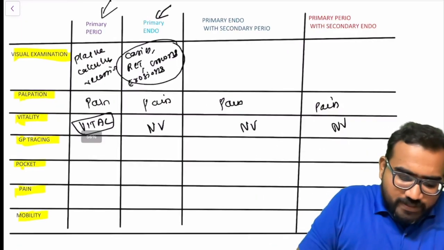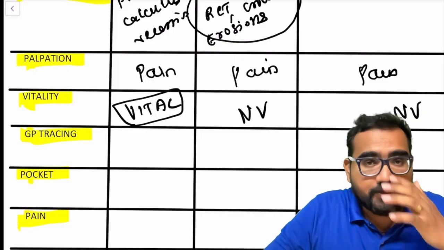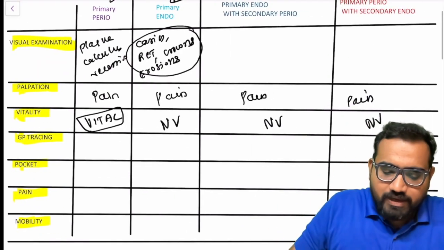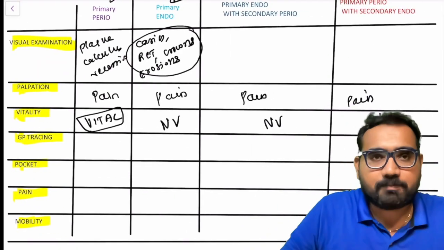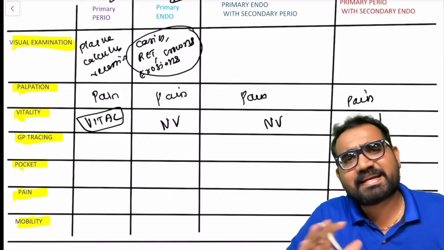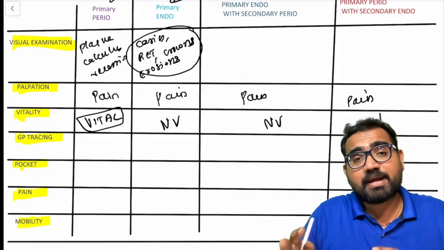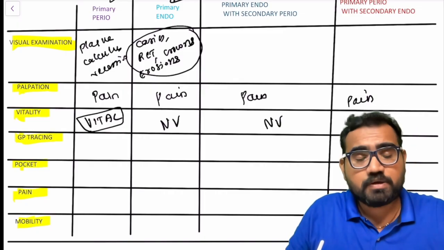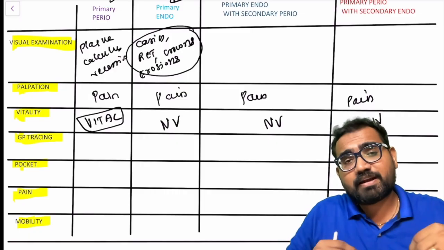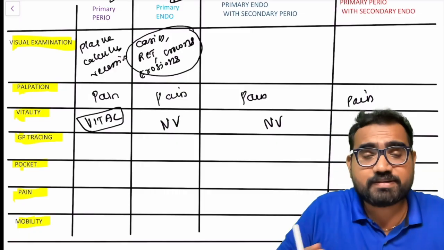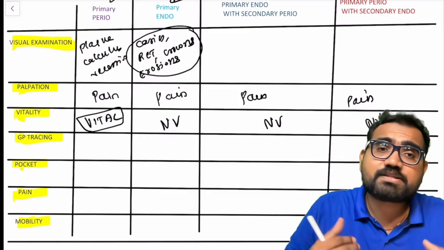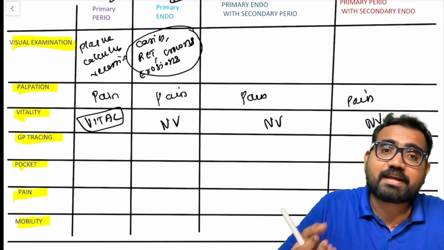The next very important parameter is GP tracing. If I insert a gutta-percha into the gingival sulcus or a sinus tract, and see, a sinus tract is different from a periodontal abscess. A sinus tract is where the abscess has started opening; it's a chronic infection, whereas a periodontal abscess is an acute infection.